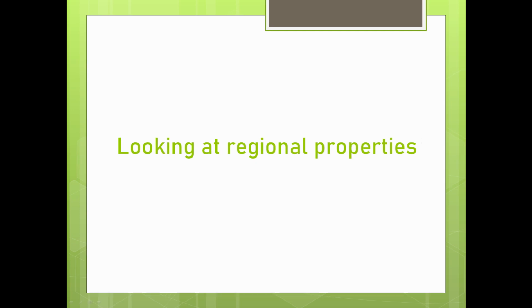The next step is to also look for properties in regional areas. Sometimes buying properties in regional areas is much better in terms of positive cash flow. Properties in regional areas are often much cheaper than in metro cities and are also able to give you a positive cash flow after deducting all the expenses like your insurance, your management fee, your rates, and everything else.